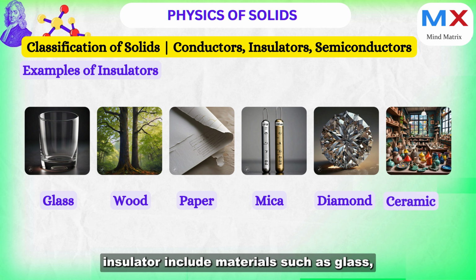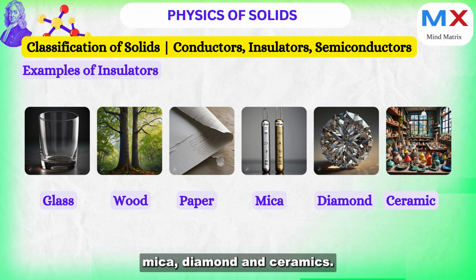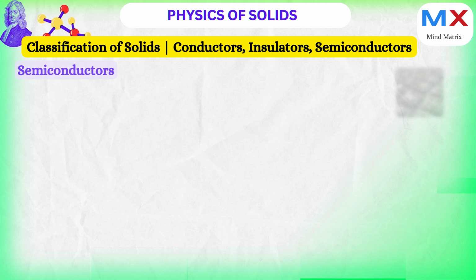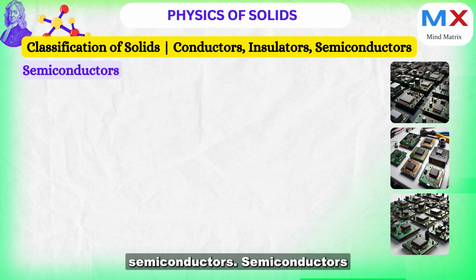Examples of insulators include materials such as glass, wood, paper, mica, diamond and ceramics. Plastics are another example. These materials are commonly used where electrical insulation is required, such as in power cables and electronic components.